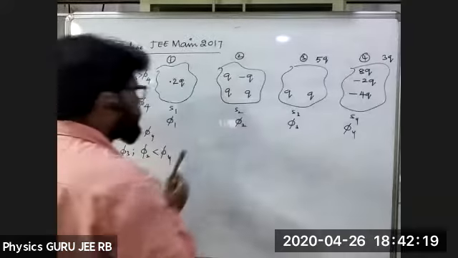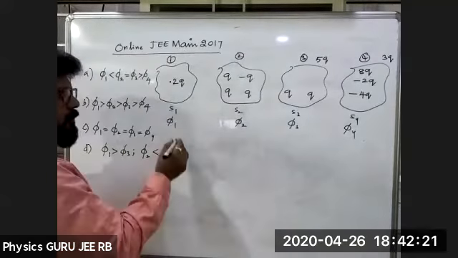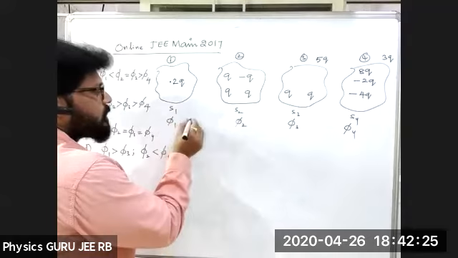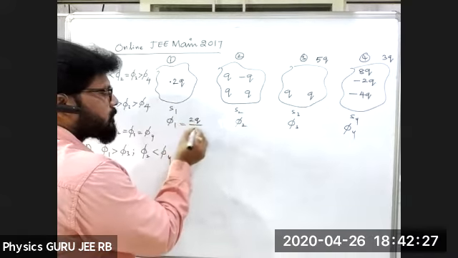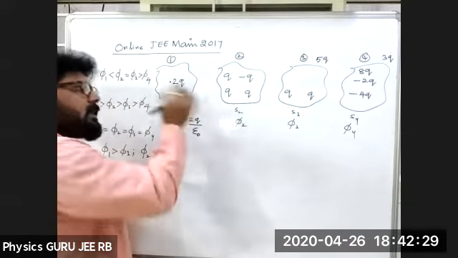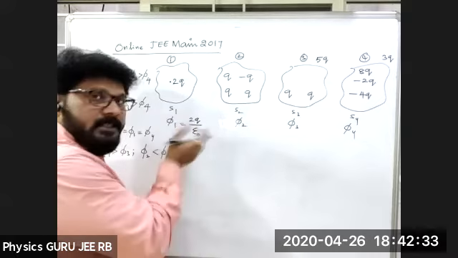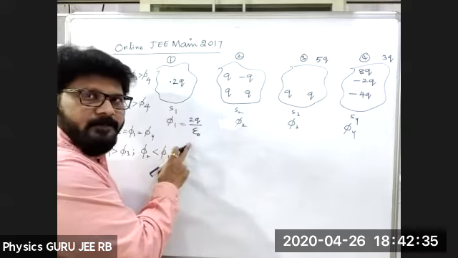Now we want to calculate the flux linked with each. For the first, phi 1 is equal to 2Q by epsilon naught. That is, the charge inside the surface divided by epsilon naught.